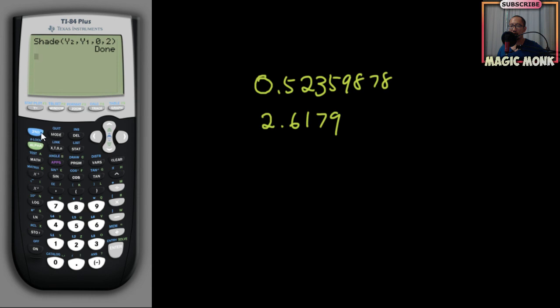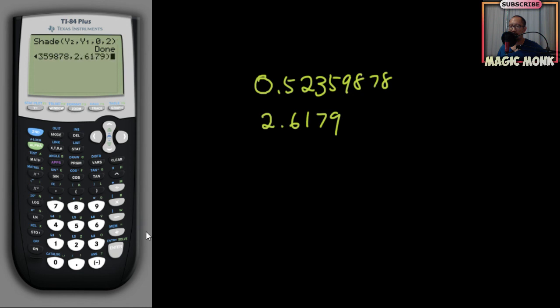Second draw, shade, y2, comma, y1, comma, and then let's do 0.523598778, comma, 2.6179.